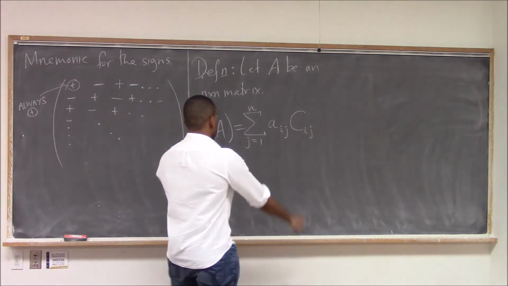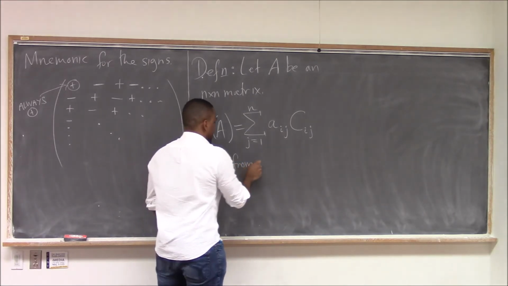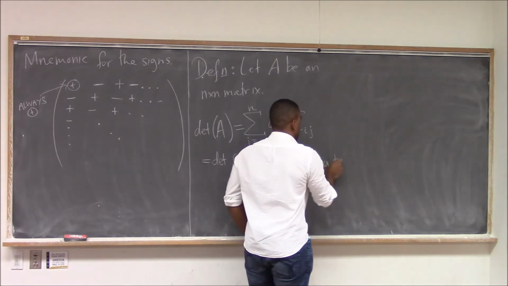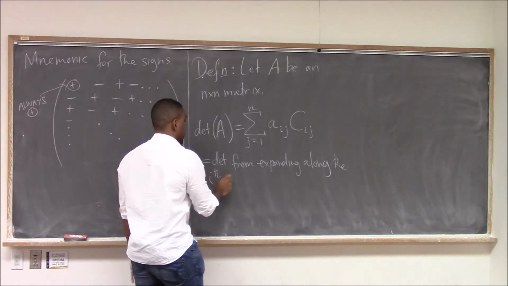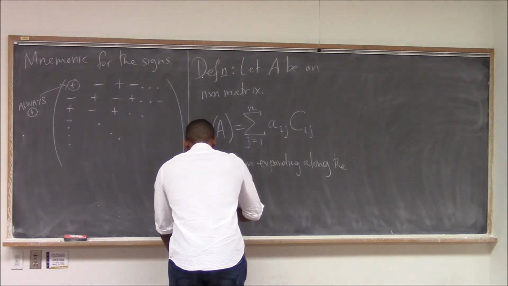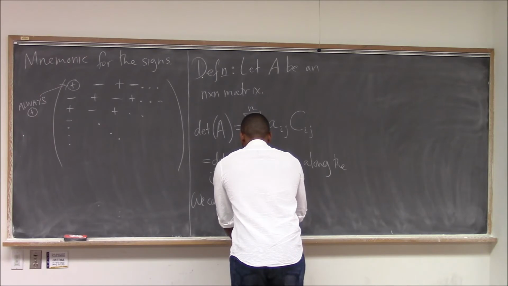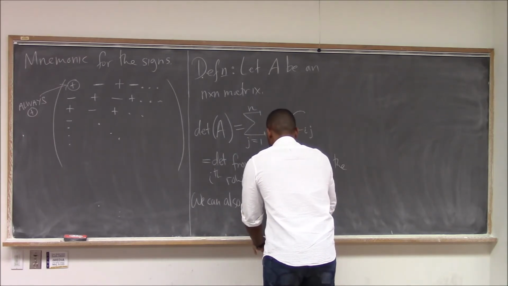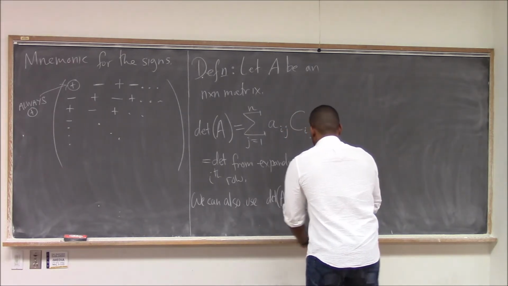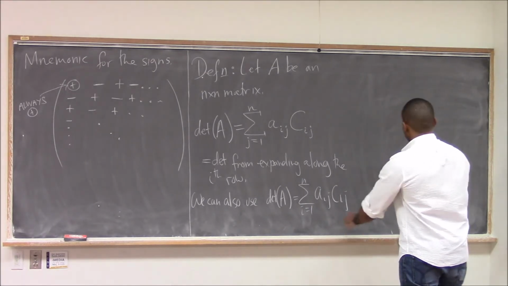This is the determinant from expanding along the ith row. We could also let the i's change.